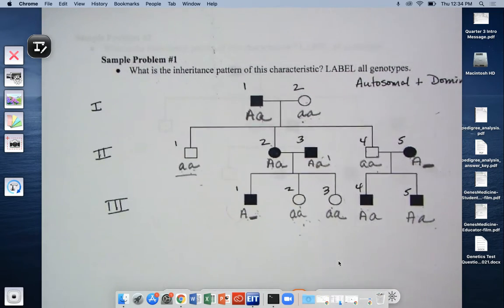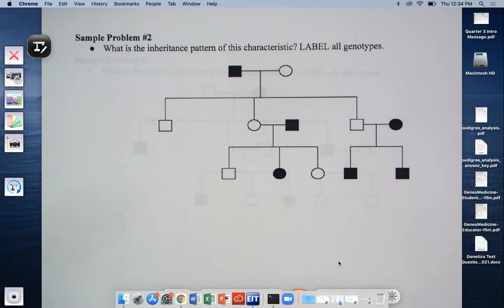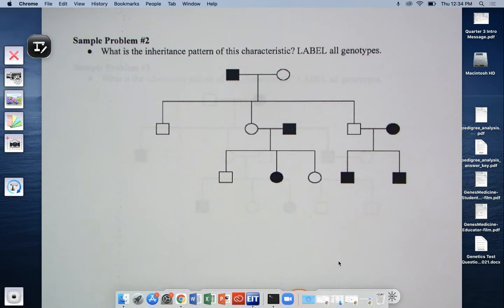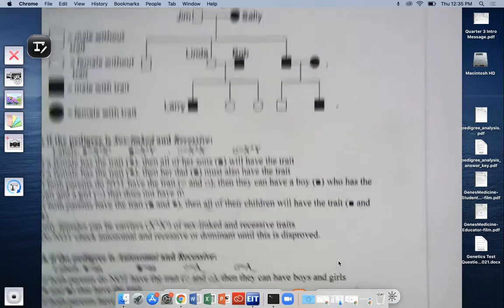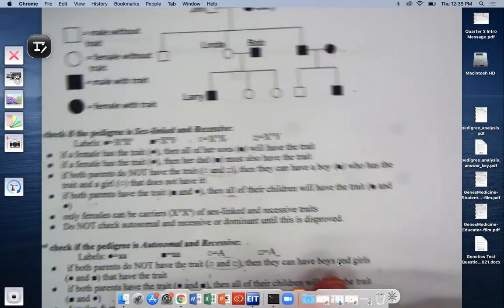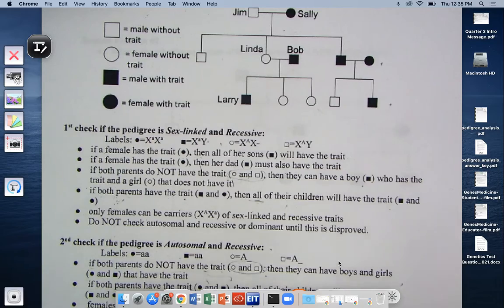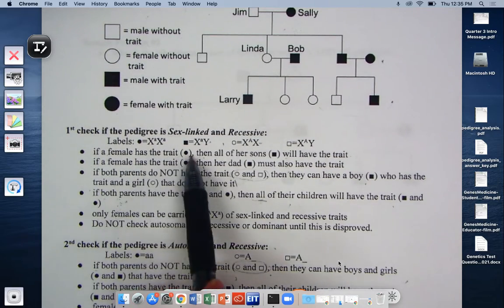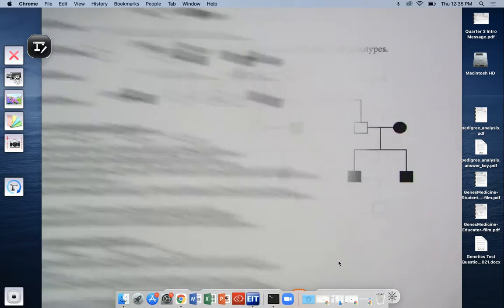So let's try sample problem number 2. Here we are, sample problem number 2. What is the inheritance pattern? Label all the genotypes. So again, we're going to start with sex-linked and recessive. We have to prove it wrong before we get to move on. If a female has a trait, then all of her sons have the trait.